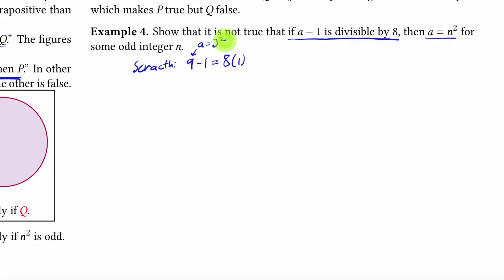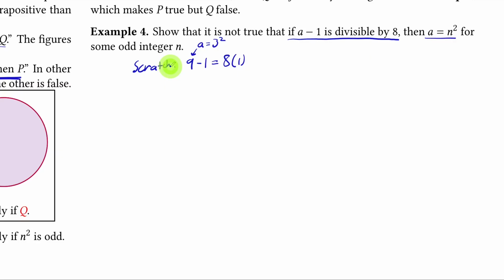Have we actually proven that this is always true? If a minus 1 is divisible by 8, then a equals n squared for some odd integer n? Well, we haven't proven that it's always true. Maybe this is just something special about the number 9 and the number 3.